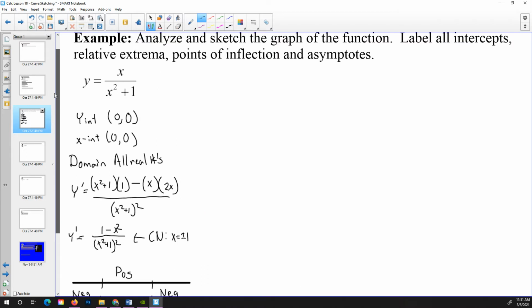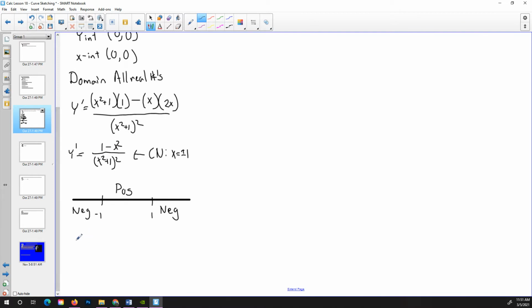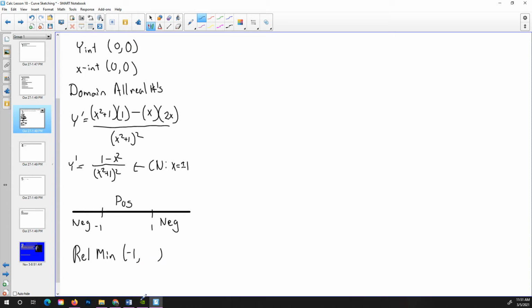Since there are no values where this function is undefined, we are going to have a relative minimum at -1 comma, and we'll have to figure that out, and a relative maximum at 1 comma, and we'll have to figure out the y value for that.